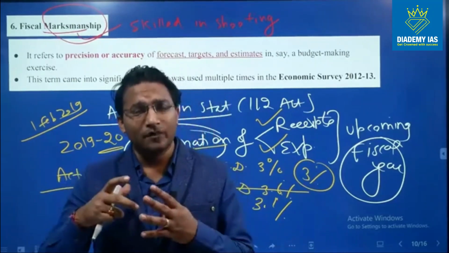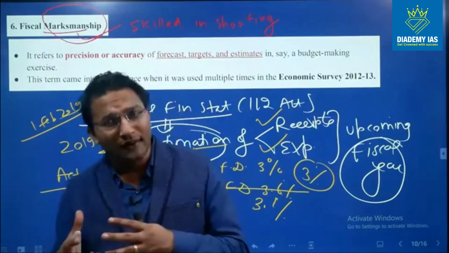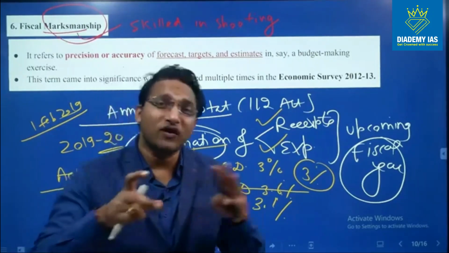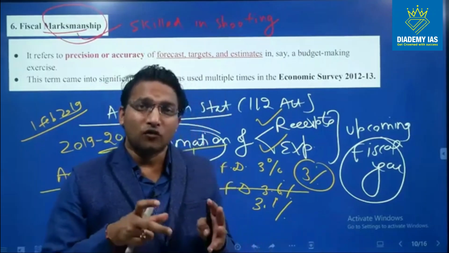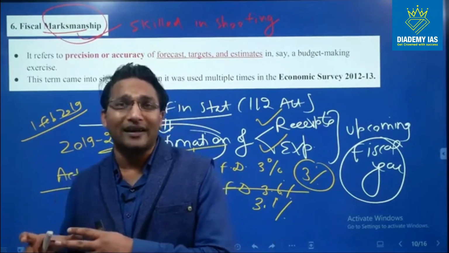So this fiscal marksmanship can be good or poor. Sometimes it is within the control of the government, or sometimes it is out of the control of the government, right? For example, right now we are under the corona-based economic crisis in the country.